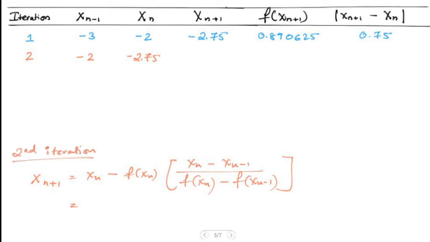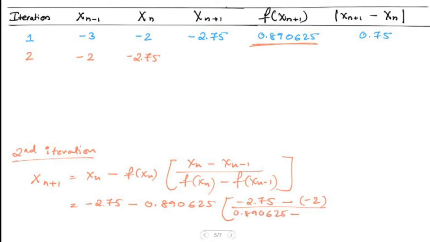Okay, so for us now, xn plus 1 is xn, which is minus 2.75, minus f of xn, that is f of minus 2.75, the value that we found out here, which is 0.890625, times xn, which is minus 2.75 for us in the second iteration now, minus xn minus 1, which is minus 2, divided by f of xn, that is 0.890625, minus f of xn minus 1, that's f of minus 2 that we found out in the previous page here.